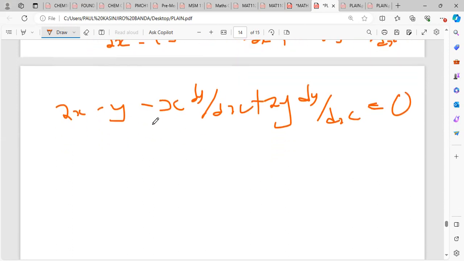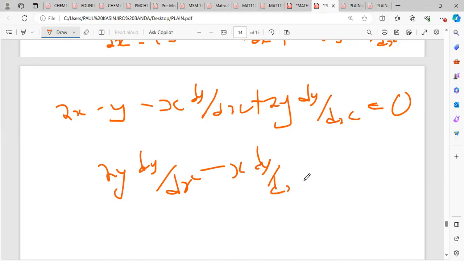So here we are going to leave all these guys with the dy dx's this side. So I'm going to remain with the 2 dy dx this side, then minus x dy dx. Then on the other side, what am I going to have? This y will go that side, this 2x will go that side. So I'm going to have the y minus 2x.